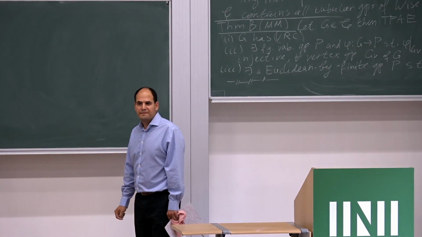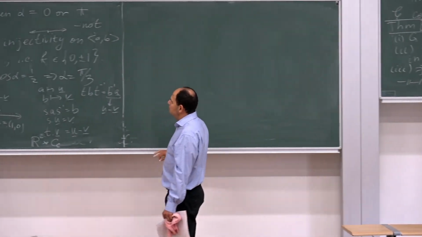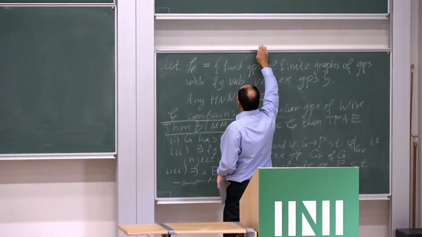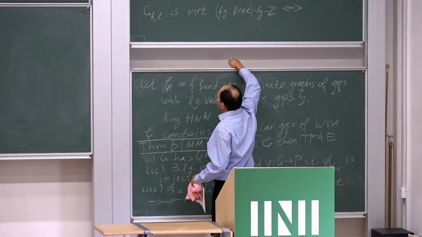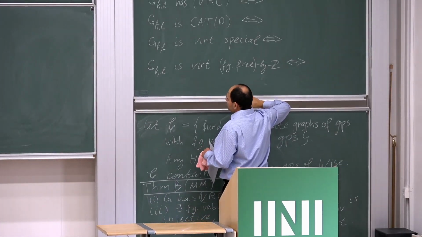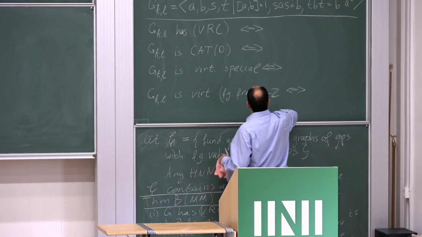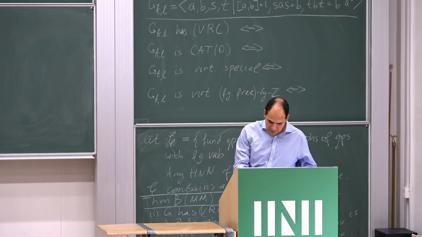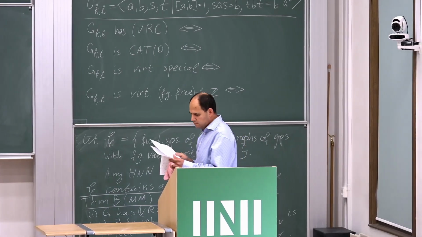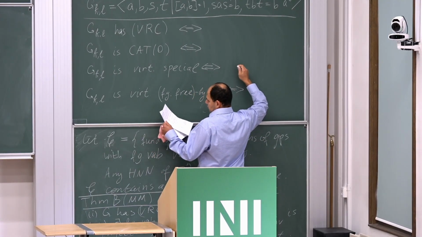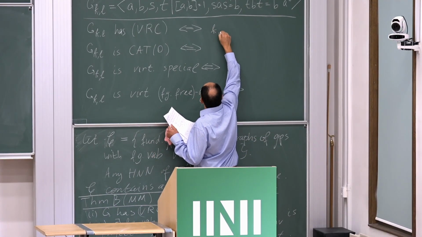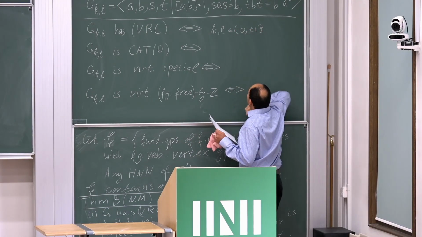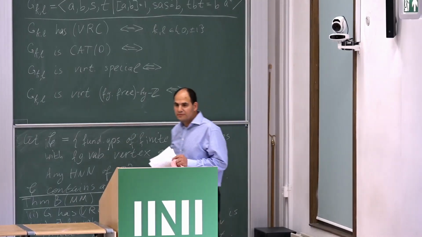You get only a finite family here. So this is similar now. G has VRC for G_{k,l}, actually it's similar, and the answer is, if and only if k, l cannot be both 0, but anything else in 0, plus or minus 1 works.